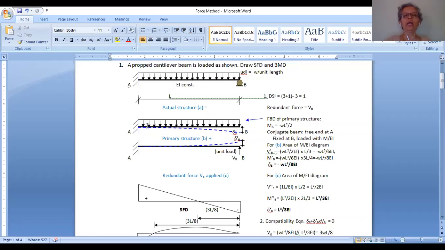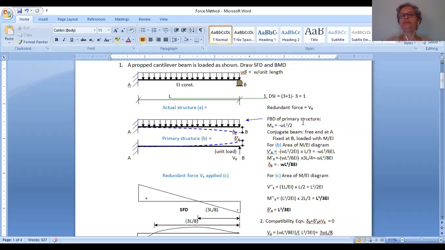This is known as the primary structure, and I have to analyze it. I have to find out the moments, and the displacement at end B. I'm not going into the details because many of you have found the solution. Moment at left support comes out to be wL squared by 2.